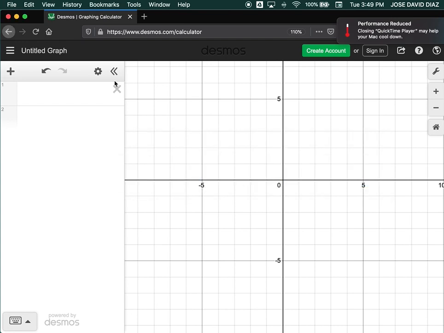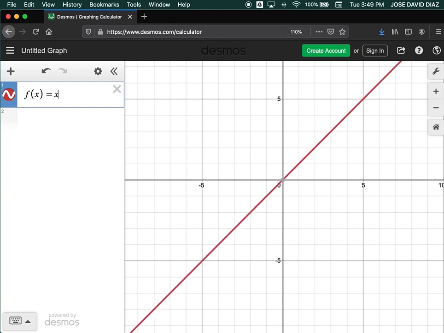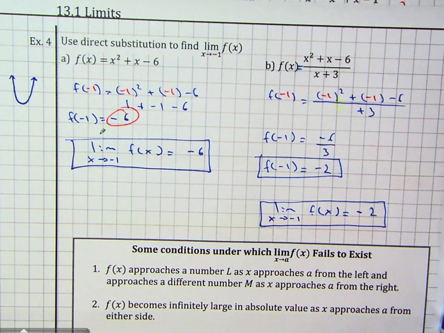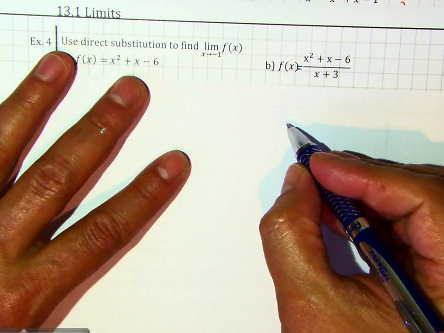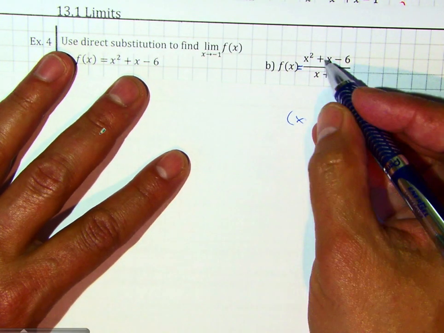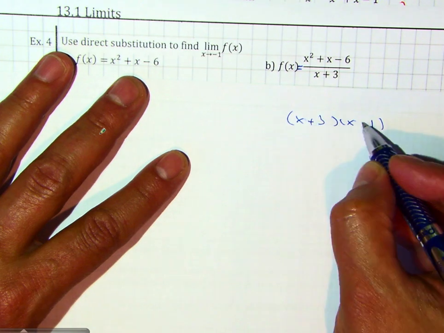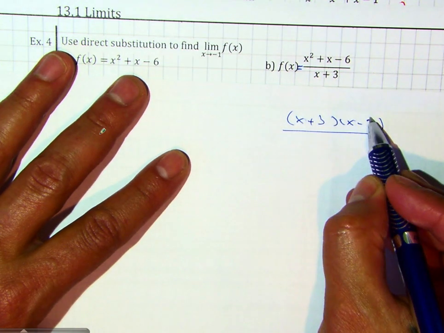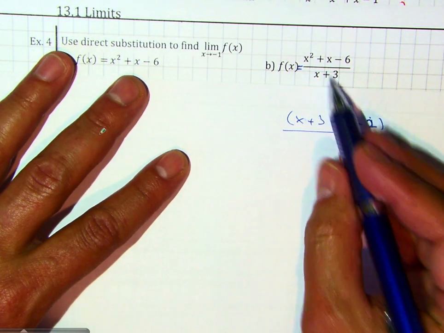And if we actually take the time to graph it, we're going to use f of x equals x to the power of 2 plus x minus 6 over x plus 3. This is a line. And remember that if we actually take the time to simplify, we factor x squared plus x minus 6 as x plus 3 times x minus 2.